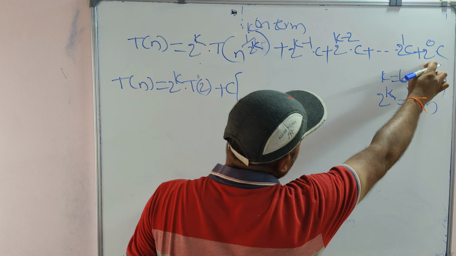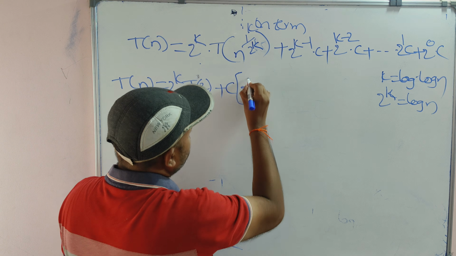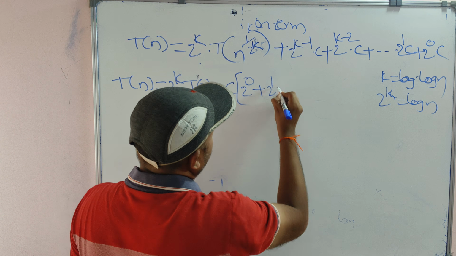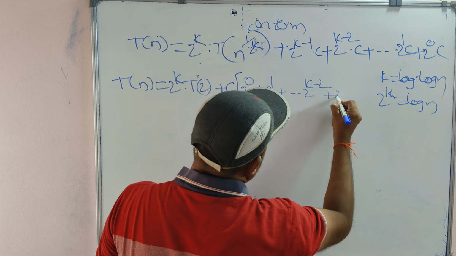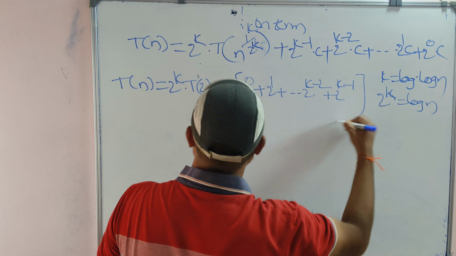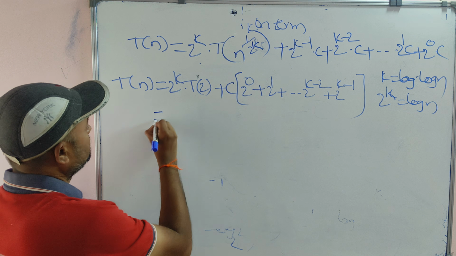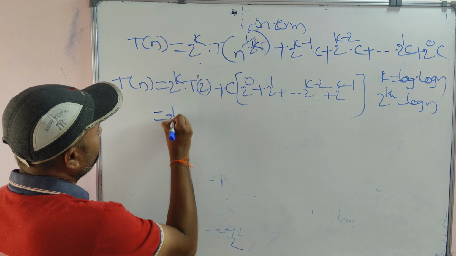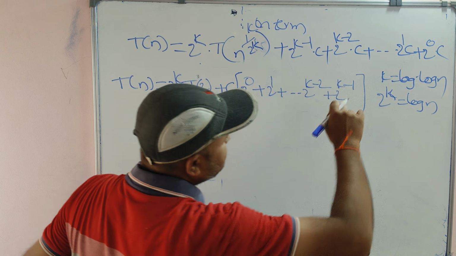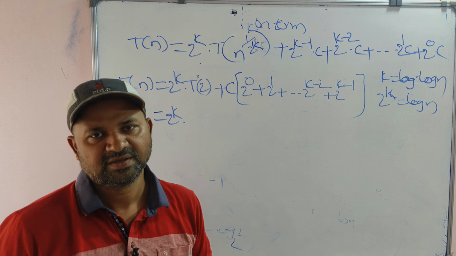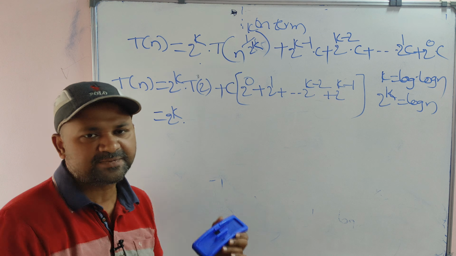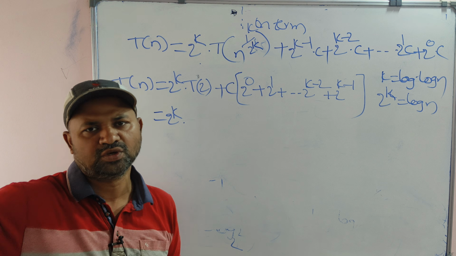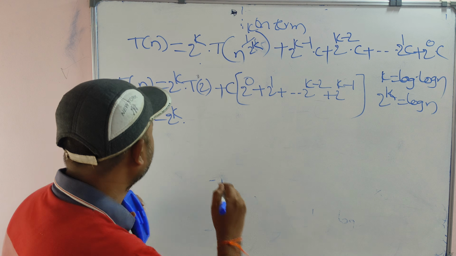So let us write from the last term: 2 power 0 plus 2 power 1 and so on up to 2 power k minus 2 plus 2 power k minus 1. So 2 power k into, what is T of 2? That is nothing but the base condition. That value is given as 2. If n is between 0 to 2, then the result is 2.